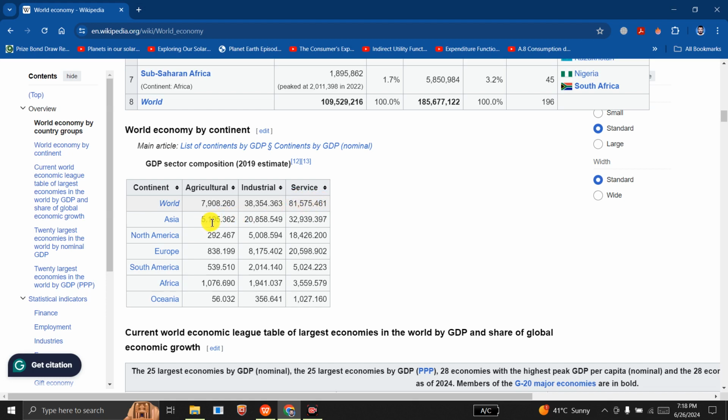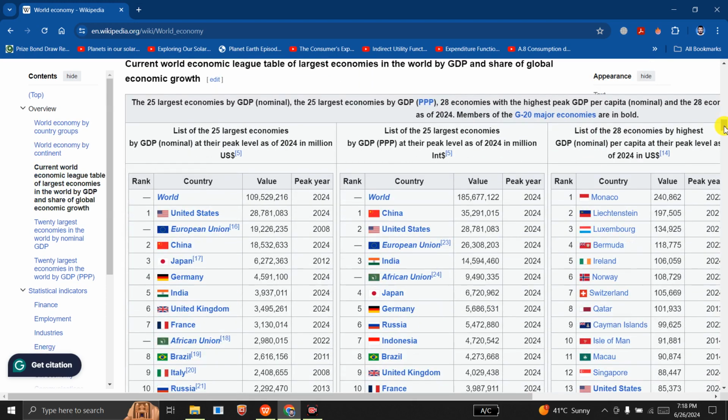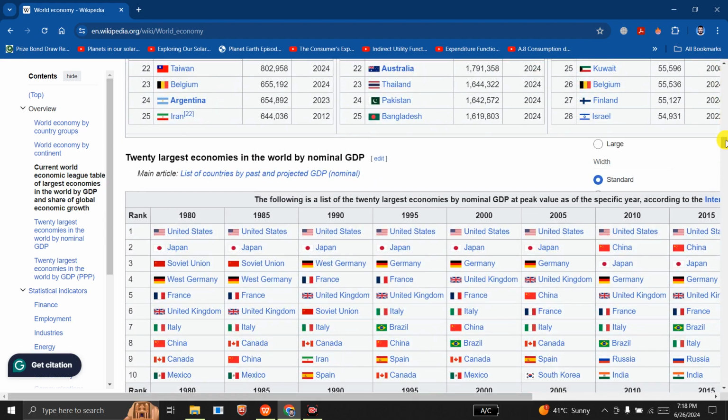This is for Asia, this is North America, this is Europe, South America, Africa, and Oceania. And then we have some other countries, and here you have value, the peak year, and this is their ranking. So you can go through these countries.